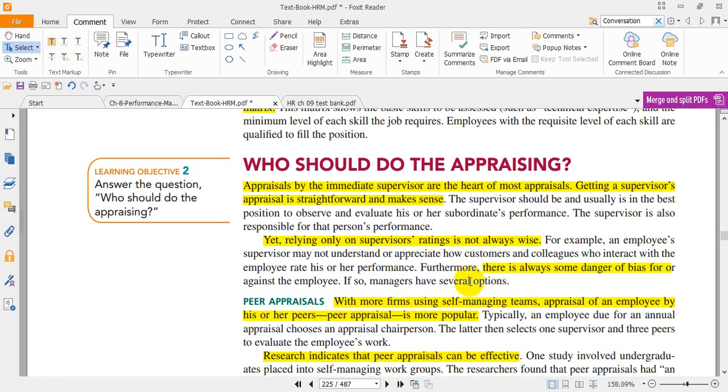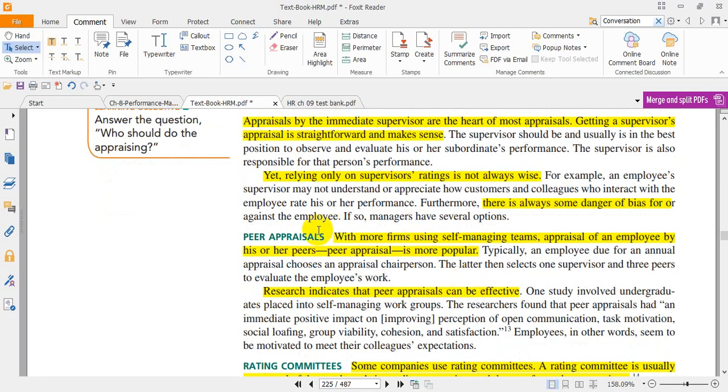They go beyond supervisor appraisal to peer appraisals. With more firms using self-managing teams, appraisal of an employee by his or her peers is more popular. Typically, an employee due for an annual appraisal chooses an appraisal chairperson.